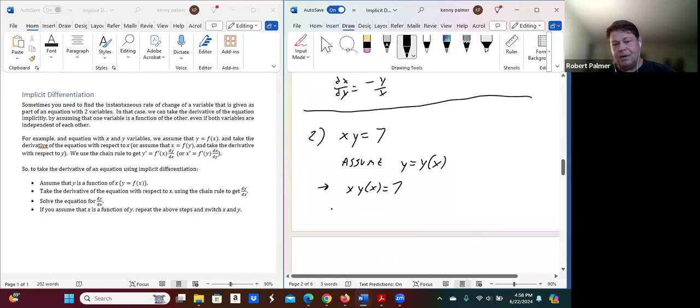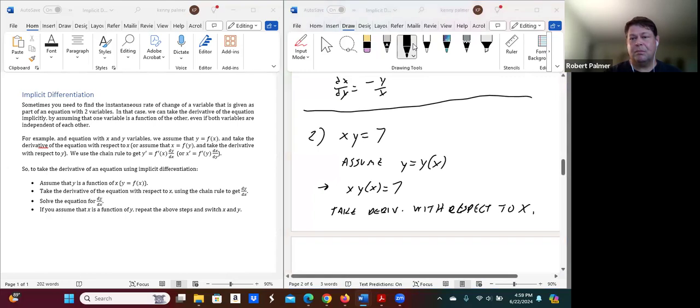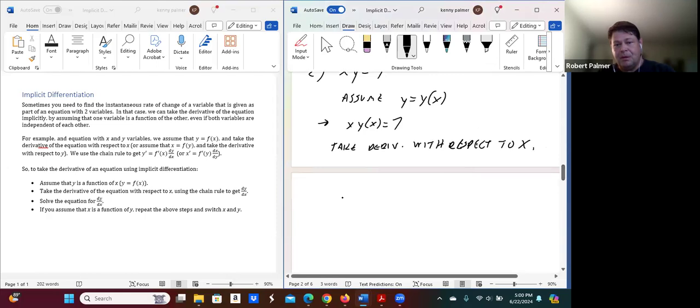And then take the derivative with respect to x.